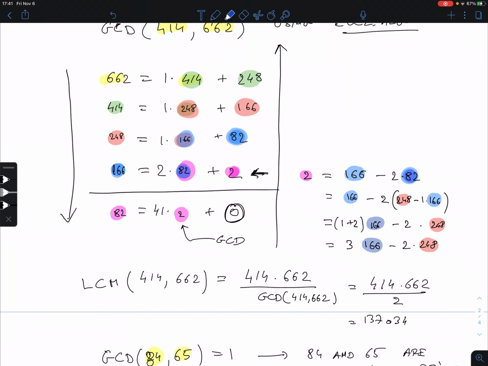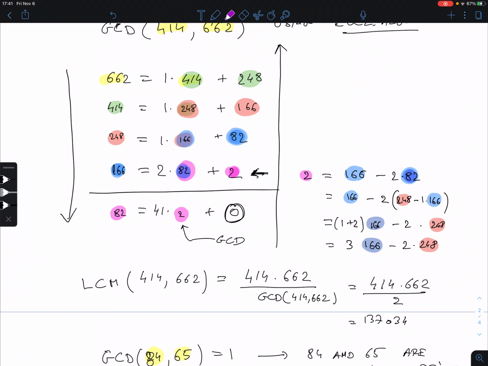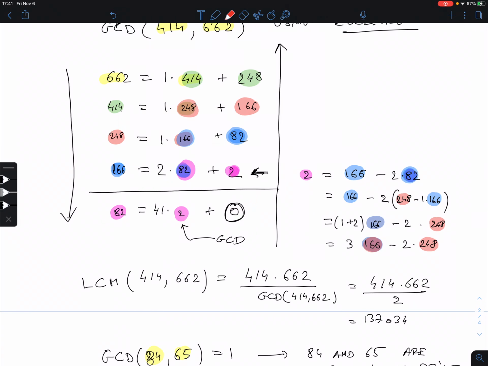But this 166 in the previous step was also a red number. So now this is also a red number. Oh, that's not red, this is red. Now I'm looking. Remember, I'm going up the line here. Although I'm writing it down, I should have actually also put this over there.